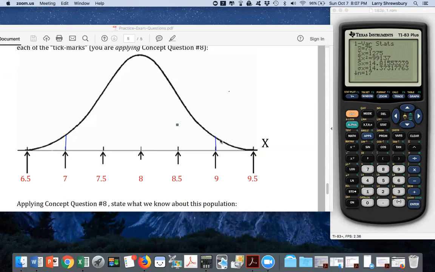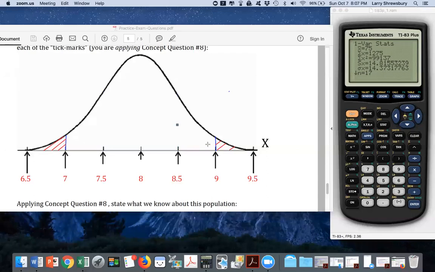As long as we have this up here, I'm going to shade in this little right tail and this little left tail. Because if between the lines is 95%, then that means outside of that is 5%. Half of 5% is over here, 2.5%, and the other half is over here.